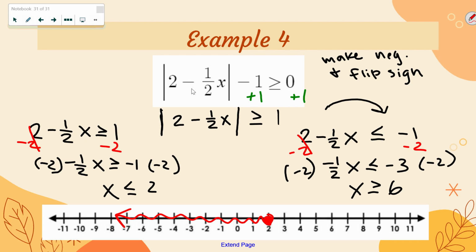So at 6, you'd have a closed circle, and then greater than means you're shading to the right side.